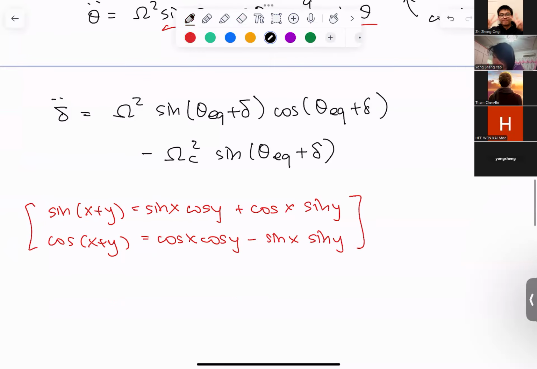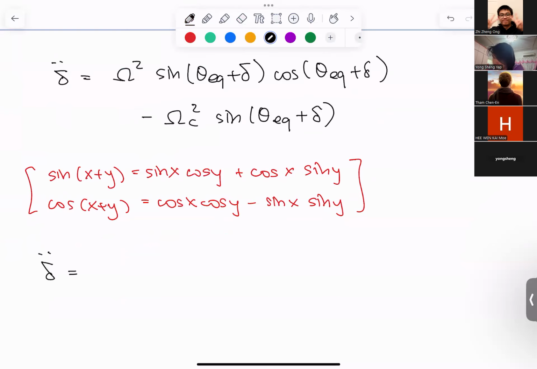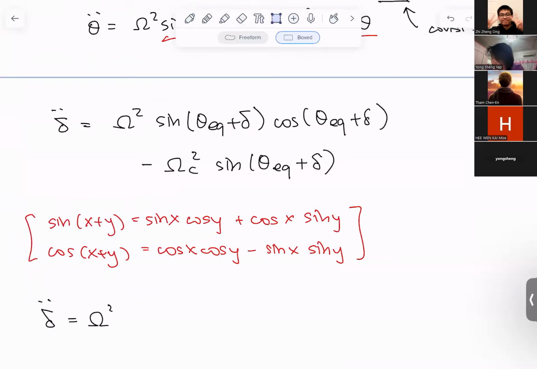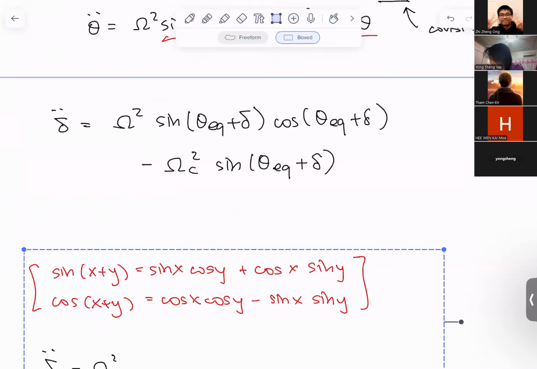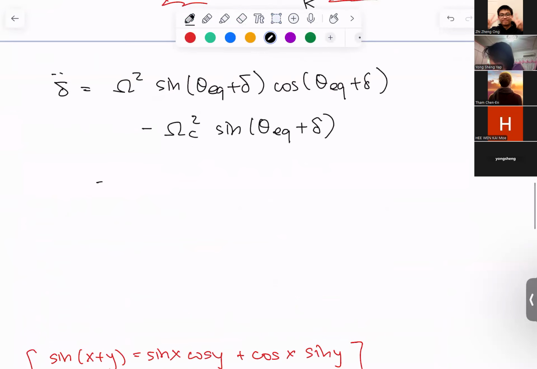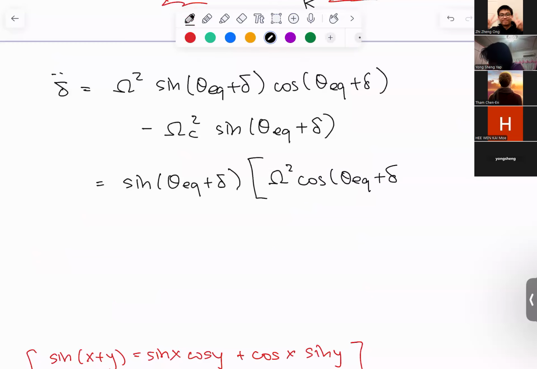Before we do this, maybe we can rewrite this equation of motion a little more tidily. We can factor out sine of theta EQ plus delta, and that's omega squared cosine of theta EQ plus delta minus omega C squared. Okay.